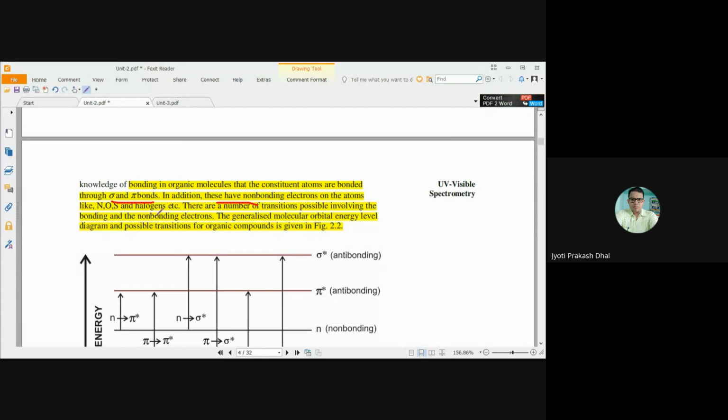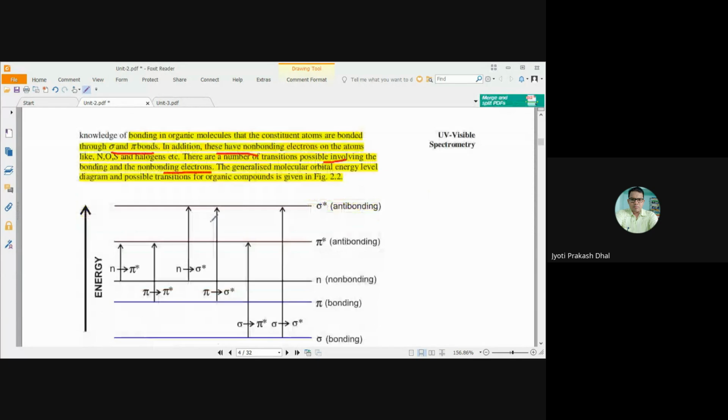So there are a number of transitions possible involving the bonding and the non-bonding electrons. The generalized molecular orbital energy level diagram and the possible transitions for an organic compound are given in this figure.